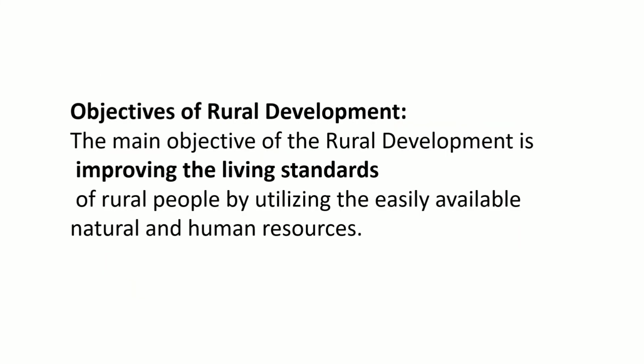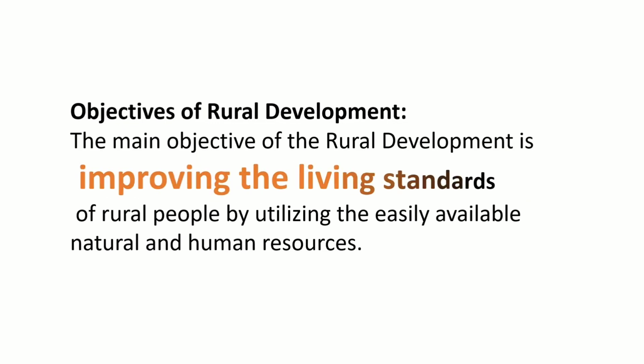Objectives of rural development. The main objective of rural development is improving the living standards of the villages by utilizing the easily available natural and human resources in the villages.